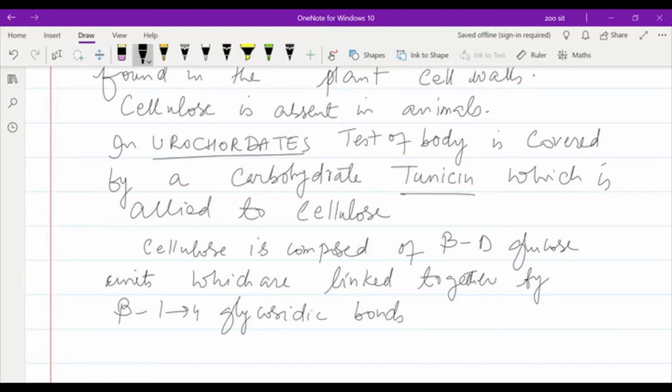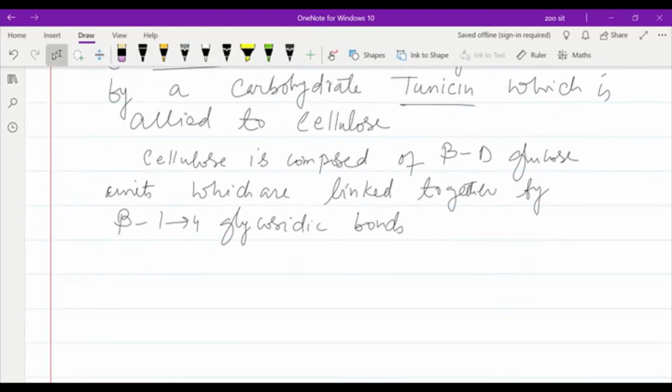So just like you can understand, the glucose units will be beta glucose units like this.